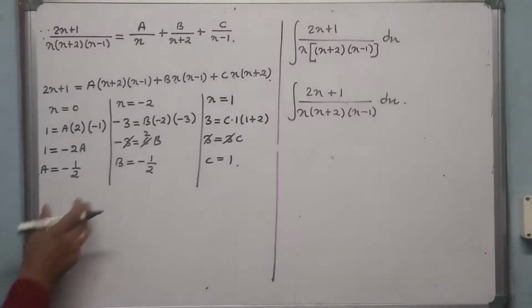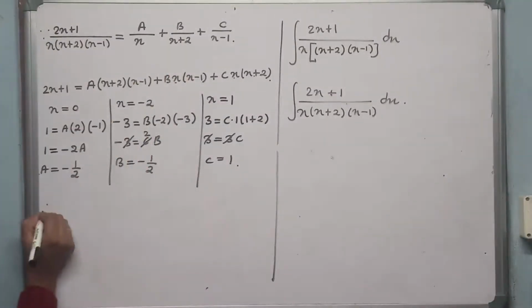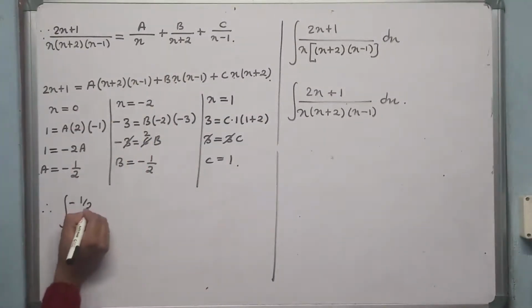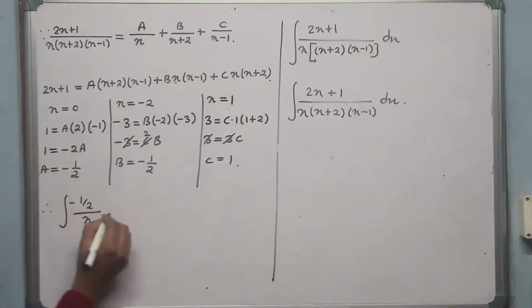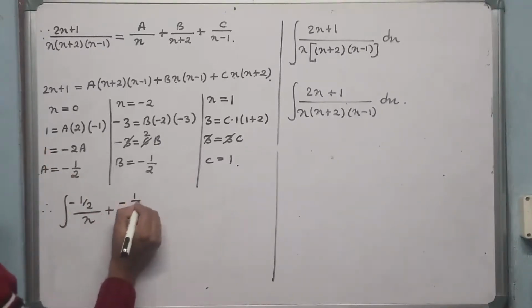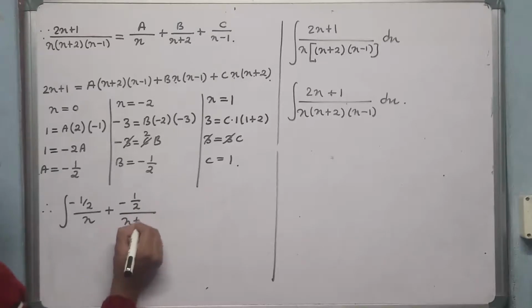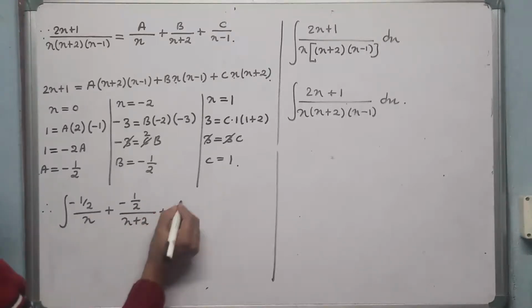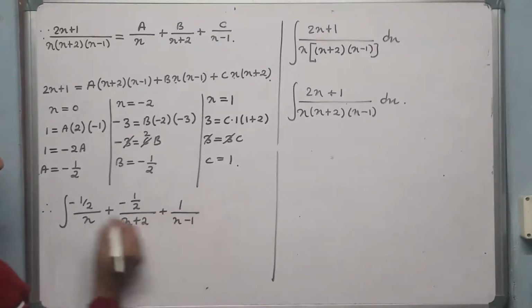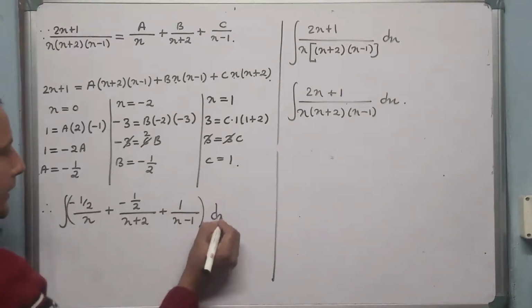After getting A, B, C, I'll substitute these values over here. Therefore, the integral of (−1/2 over x plus −1/2 over x + 2 plus 1 over x − 1) dx.